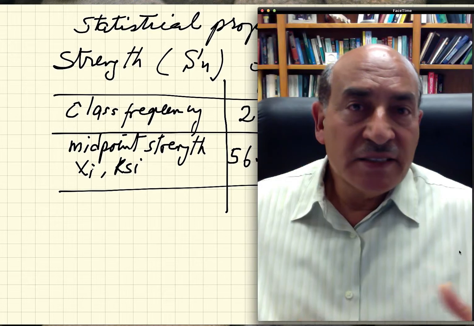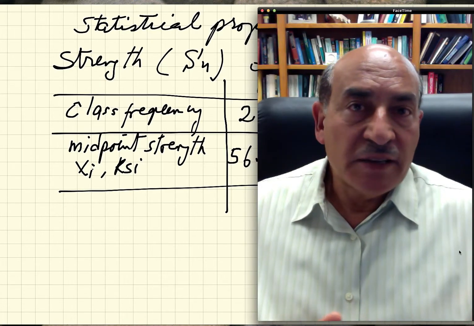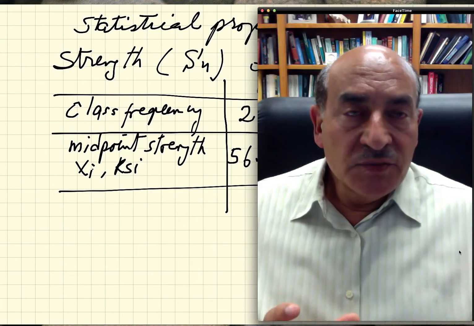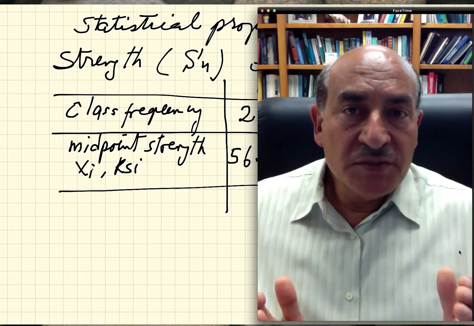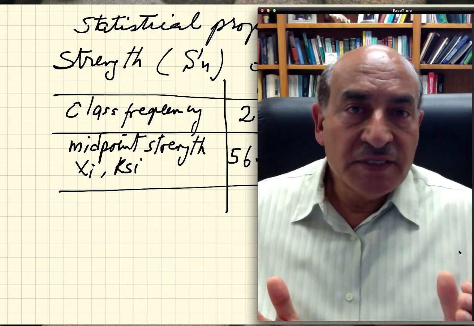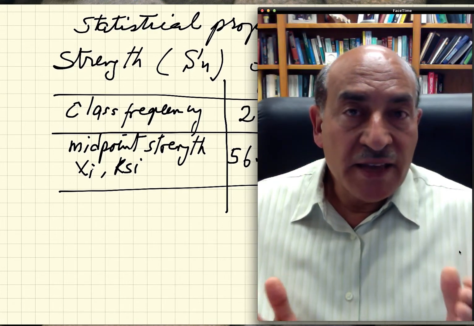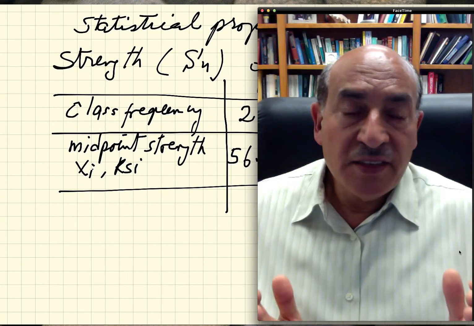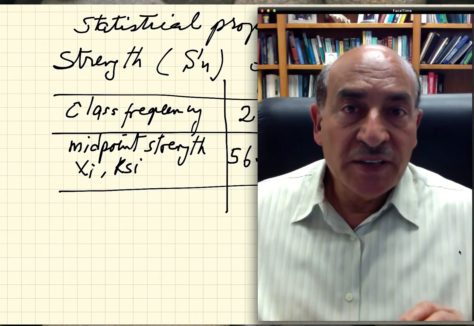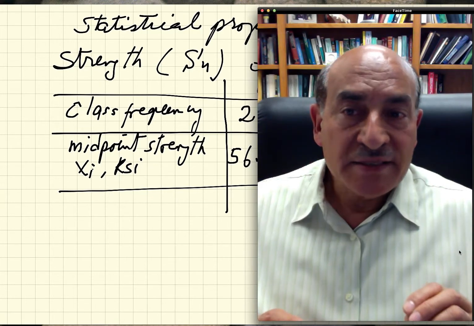So let's say that if I have 1,000 samples and I'm qualifying the material, then I would have to find, let's say, a bin of strength set between 55 and 57 KSI. Anything that has strength within this bin, I'm going to just put into this bin, and I'm going to call this a class.